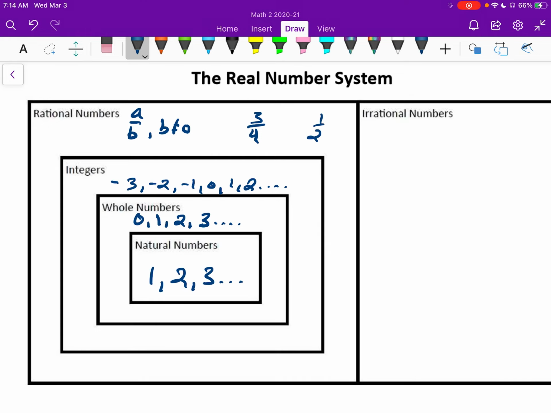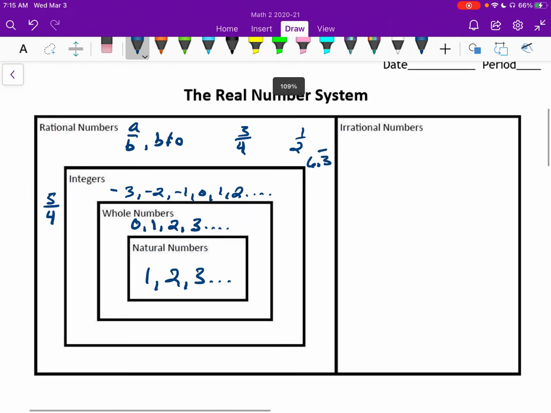You could also say things like fractions that repeat. 6.3 repeating is a rational number, right? Because 3 repeating is 1/3, so that falls in this category. We also have improper fractions, maybe like 5/4 falls in that category as well. Those are rational numbers, all right? Rational numbers can be written as a fraction.